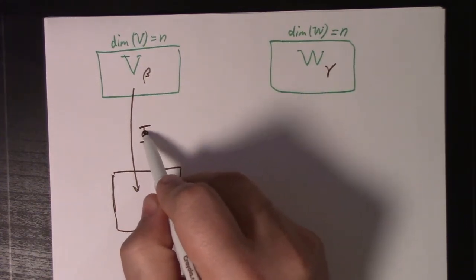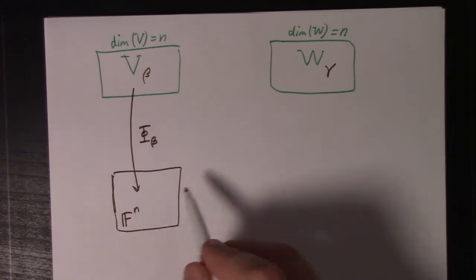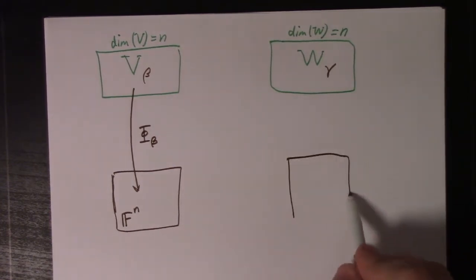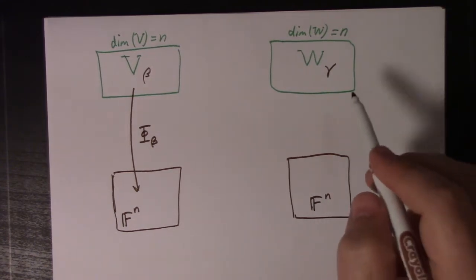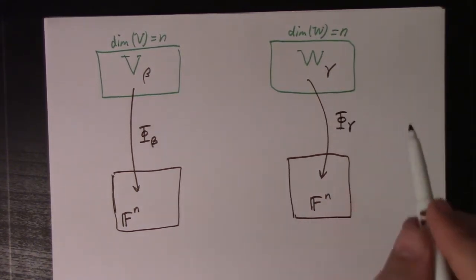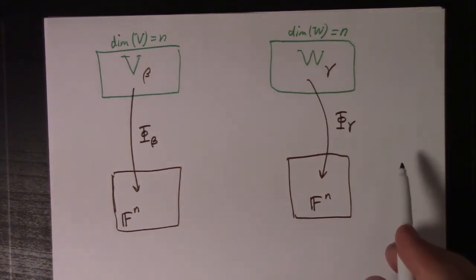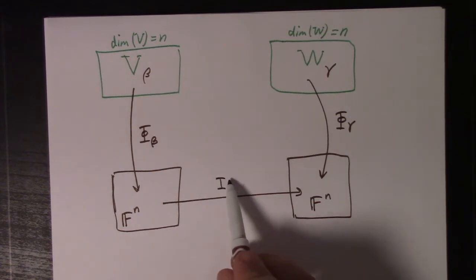I can draw this kind of picture. This is the phi beta map. So down here we're looking at F^n. And then over here, I don't really need to draw a separate copy, but I will just for the sake of discussion. And I can look at the phi gamma coordinate map, right? And for what it's worth, I can take the identity map down here.